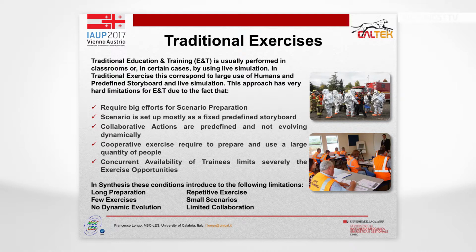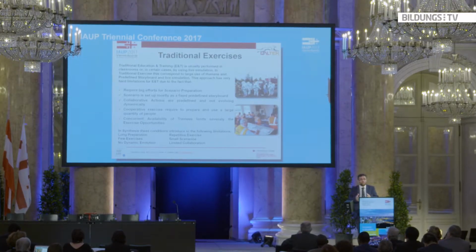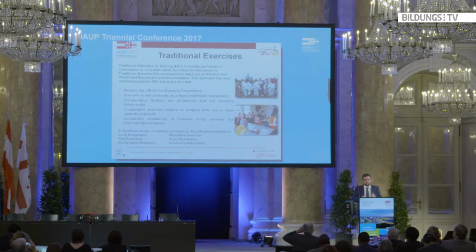For instance, if you carry out live simulation for emergency management procedure, you need, for instance, the availability of all the people involved in the live simulation. With live simulation, usually you can run just one storyboard. You do not have dynamic evolution of the scenario.